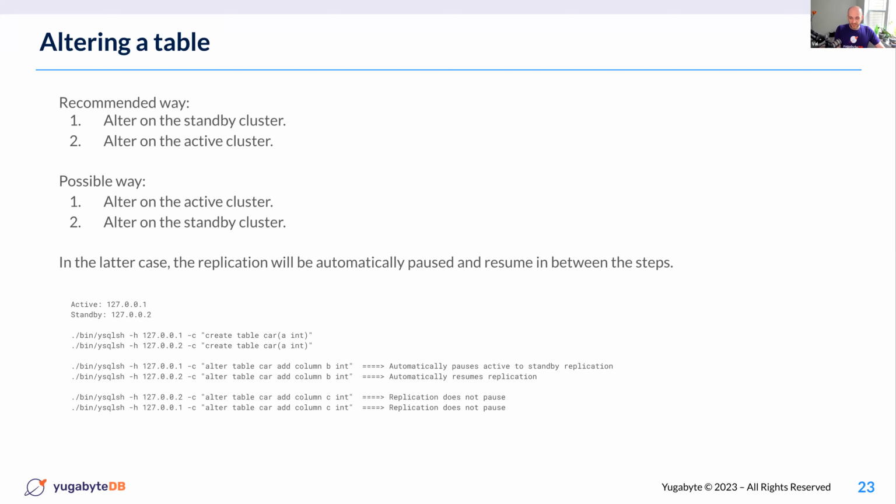What we do in that case is automatically pause the replication when you execute the alter table on the active cluster, and resume the replication when you do the same alter table on the standby. So the database will monitor the schemas on both ends of the replication and make sure they are consistent. Prior to that, you would have to do the pause and resume manually, and it was a very manual process and quite error prone. So there is some improvement there in 2.17.